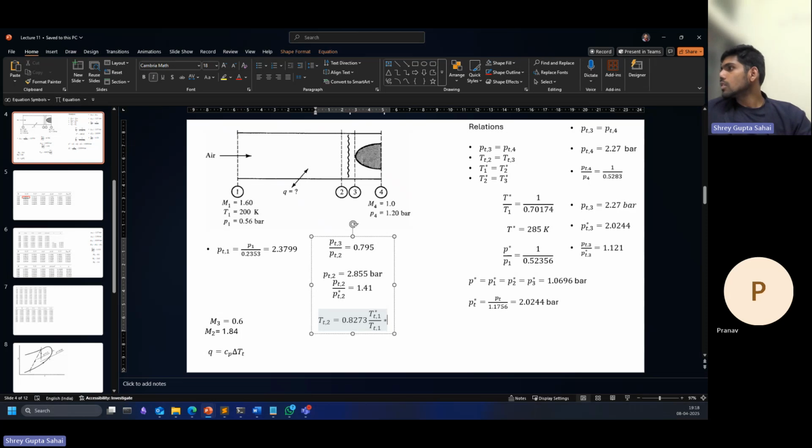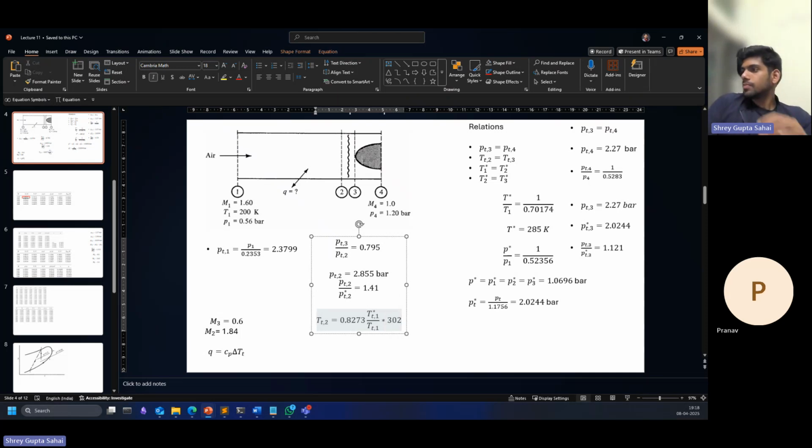T total 1 we found out, haven't we? Or we can just calculate. Let's calculate T total 1: 200 Kelvin times 1 plus 0.2 times 1.6 squared, 302.4 Kelvins.